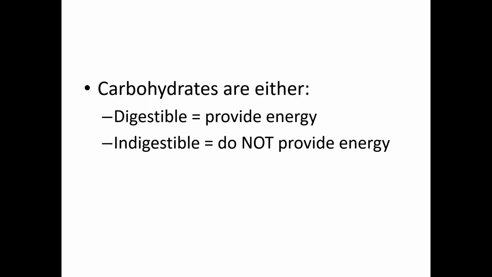We can categorize carbohydrates based upon how they're used by our body. Either they are able to be broken down and digested, in which case we can access the energy stored in them, so they're a provided energy source, or they're indigestible. They cannot be broken down, and if you can't break them down, you can't get the energy that's present inside of those carbohydrates.